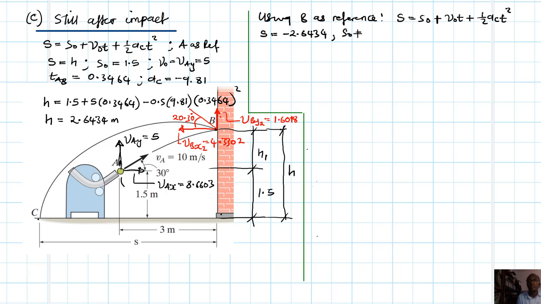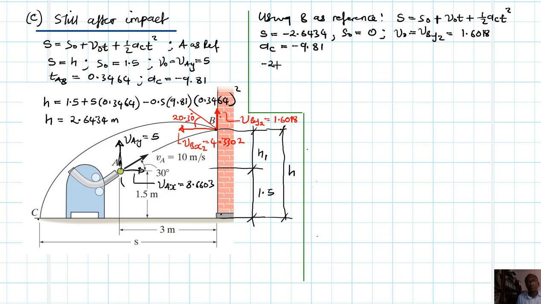Our S naught is just equal to 0. Our V naught, we are in the vertical direction, is just equal to VBY2, which is 1.6018. Our T, we don't know it, that's what we want. Our AC is just minus, like so.